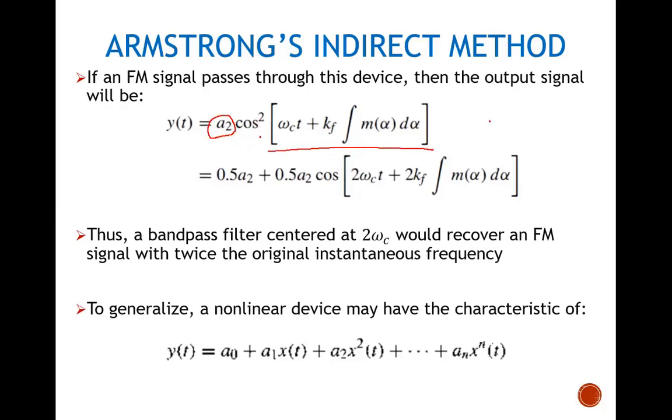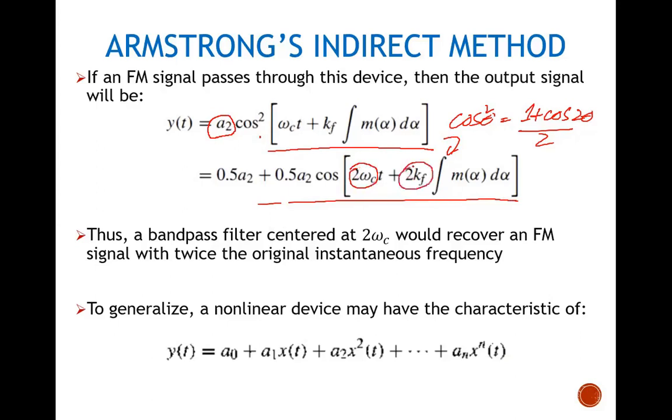Now, by using a trigonometric identity, cos squared theta equals (1 plus cos 2 theta) divided by 2, we are left with this signal. If you look at this signal, we have a frequency of 2 omega_c here, and also the deviation has been multiplied by 2.